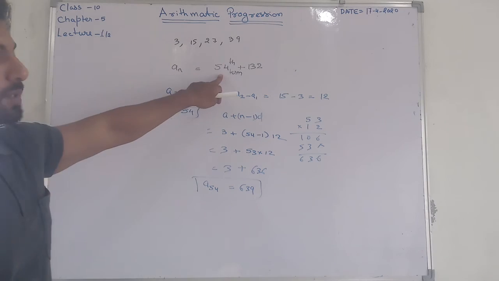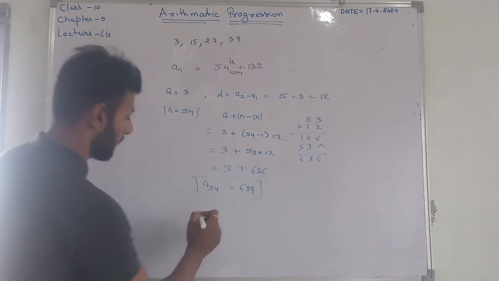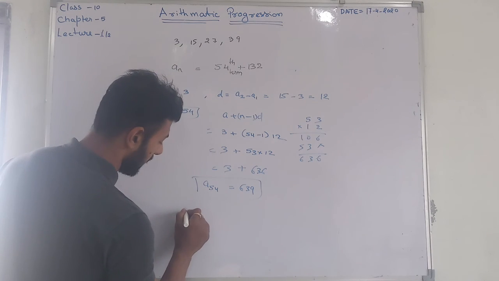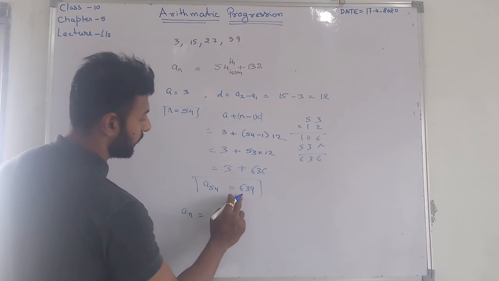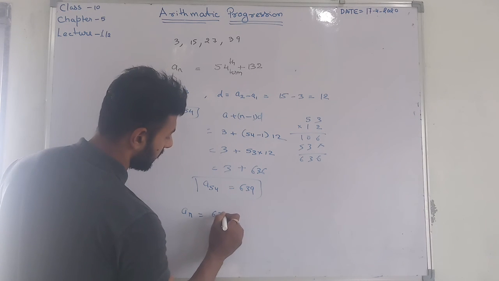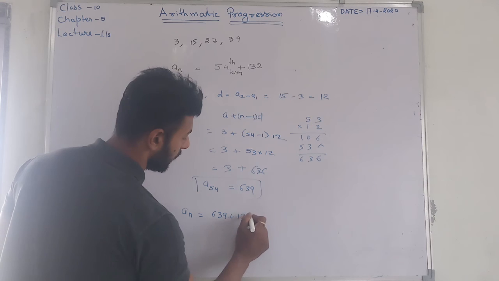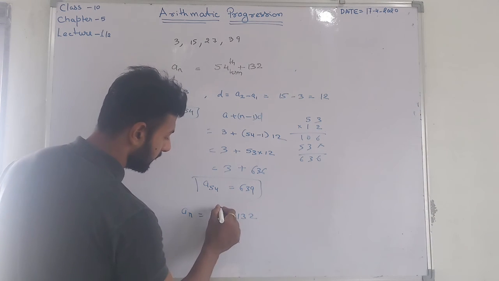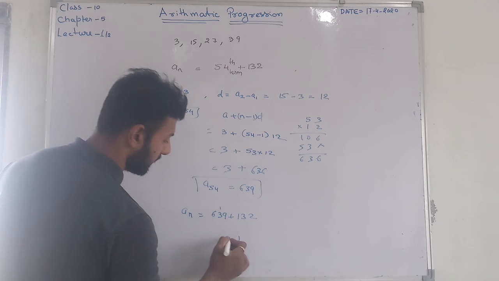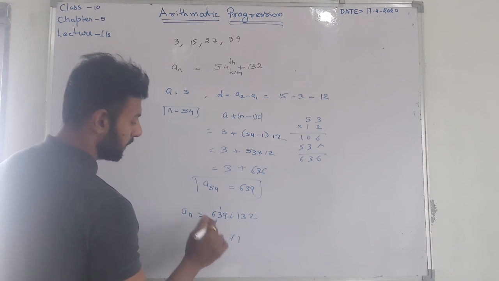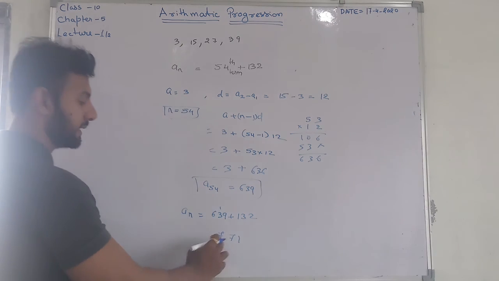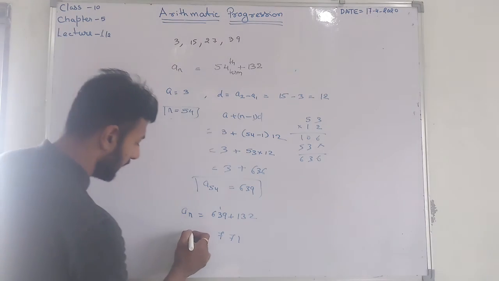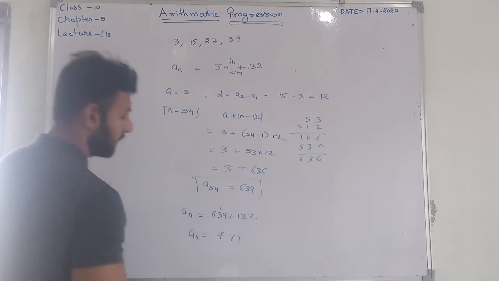Now we have to substitute this value. An is equal to the 54th term plus 132, which is 639 plus 132. We are getting 771. An is equal to 771.